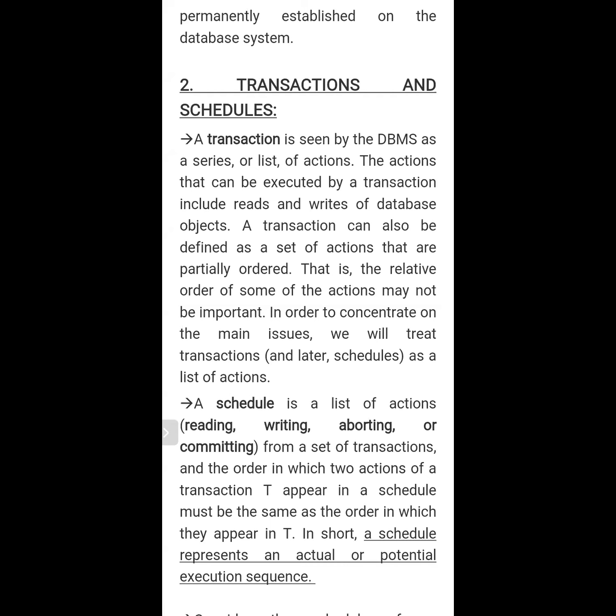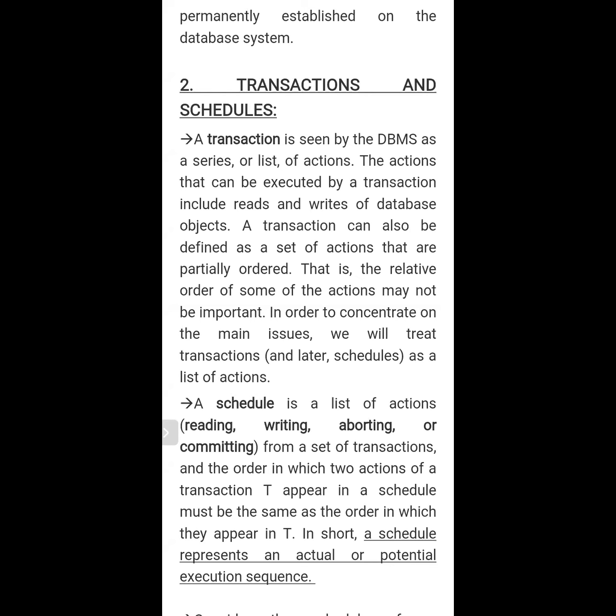Examples of preemptive scheduling, as someone replied in the last class, are SRTF, shortest remaining time first, and round robin. In these, even though one process is not completed, the execution of another process starts. In non-preemptive scheduling, once a process starts its execution, no other process is allowed until it completes.